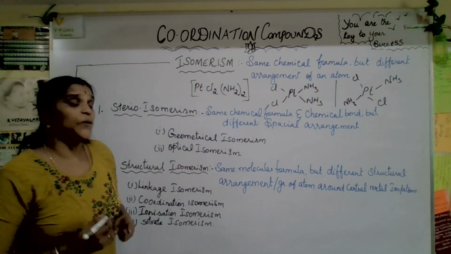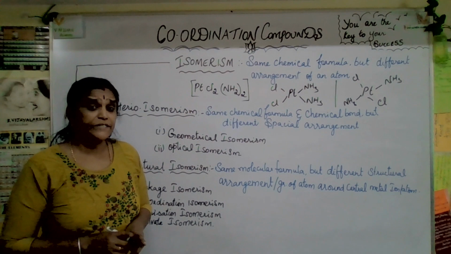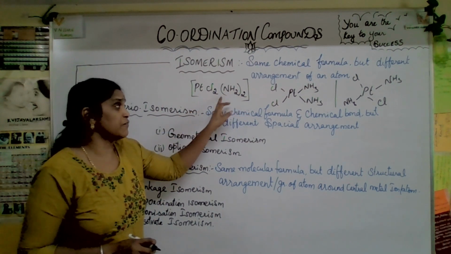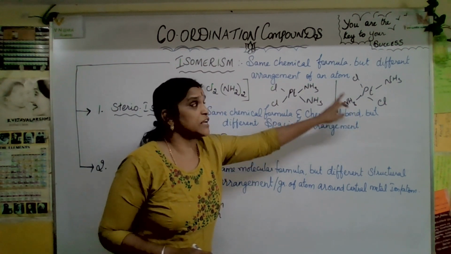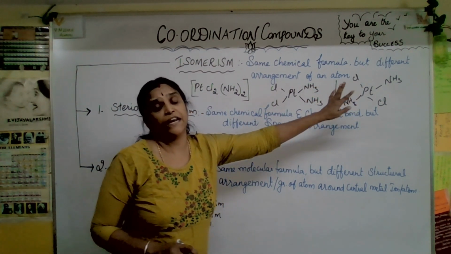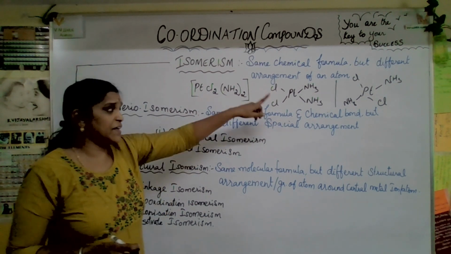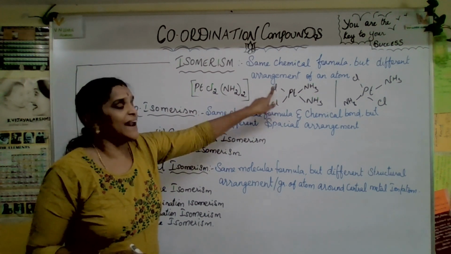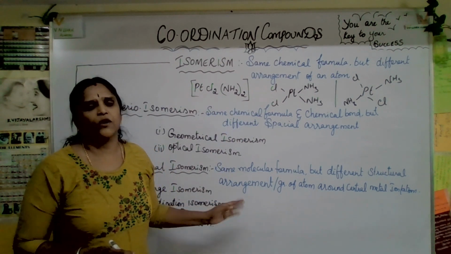So I think you remember cis and trans isomers: the same molecular formula, but different spatial arrangement of atoms. That is the kind of point we are mentioning. I'm giving that example only. Come on, let us clarify all those ideas.